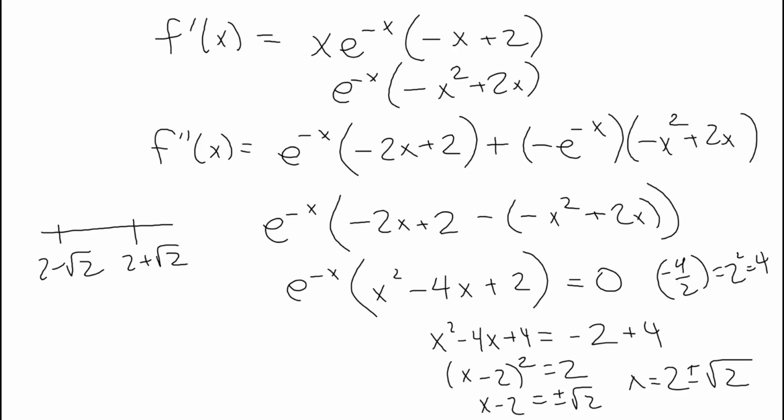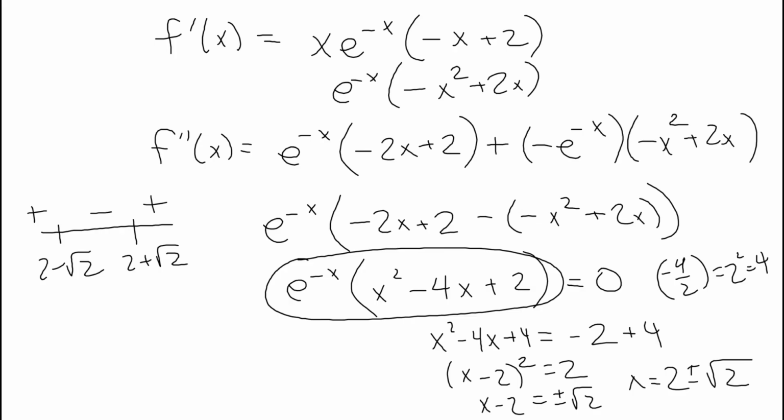If I plug 0 into my second derivative right here, I get a positive times a positive. If I plug something between 2 minus root 2 and 2 plus root 2 in, like 2, I'm going to end up with a positive times a negative, which is a negative. And if I plug in something real big, like a billion, I'm going to get a positive times a positive.